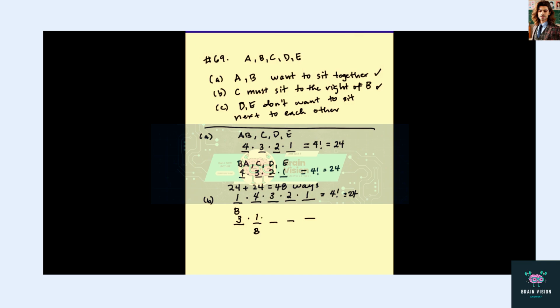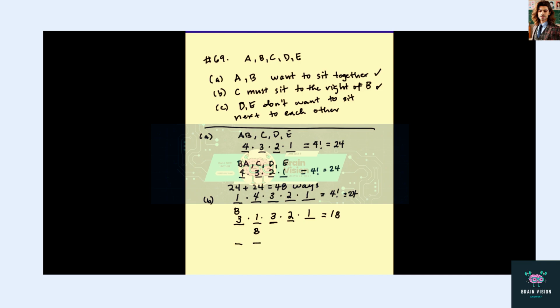Now for the third seat, 2 have already been seated. C can sit there, so there will be 3 possibilities here. Fourth seat 2, last seat 1. Fundamental counting rule, we just multiply those numbers and we get 18.